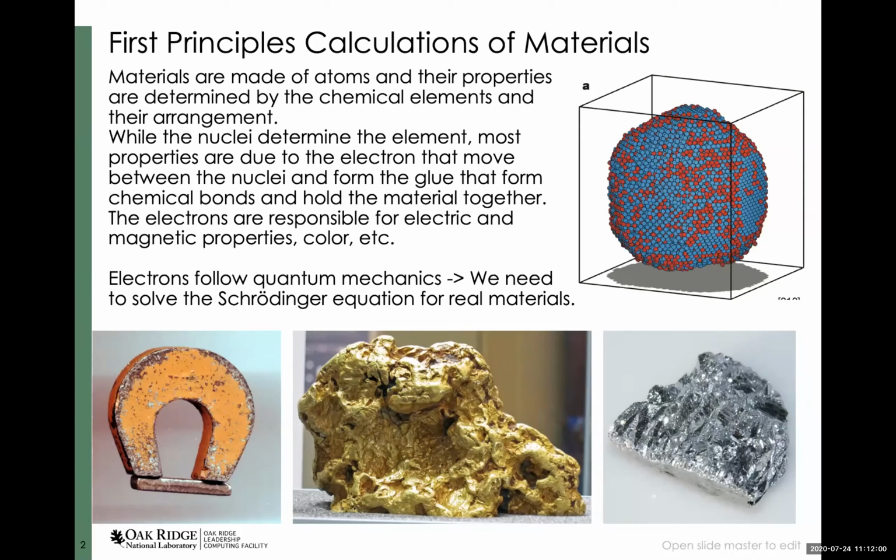And as you know, it's the atomic number, the nuclei that you have, that determine which elements you have. But what really leads to most of the behavior you see is actually the electrons that form the glue that holds the atoms together, that form chemical bonds, that are responsible for the electric, the magnetic, the optical properties.